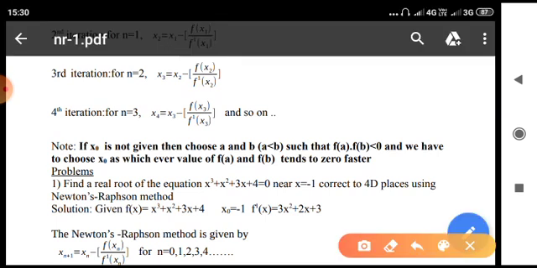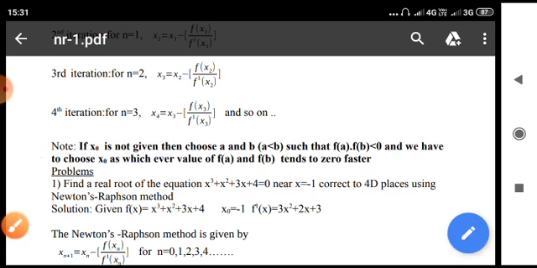Now the very important note, you need to remember this note. If x0 is not given, then choose A and B with the condition A is always less than B, such that f(A) times f(B) is less than 0. That is, f(A) and f(B) are of opposite signs.